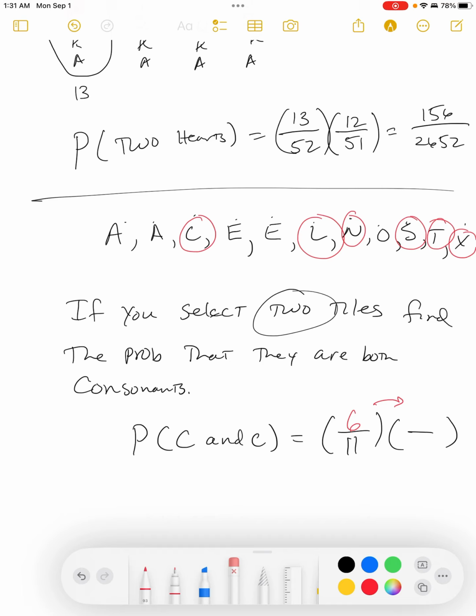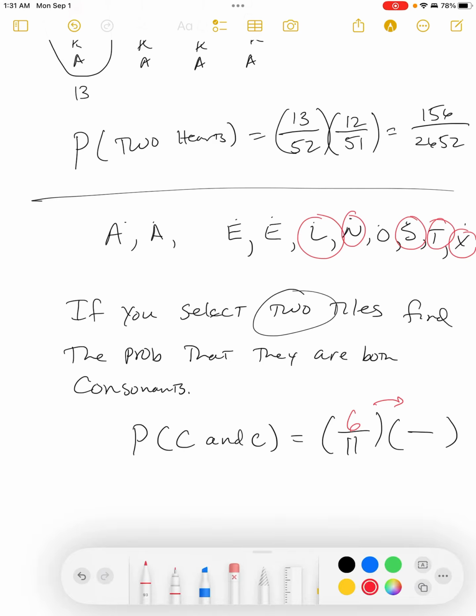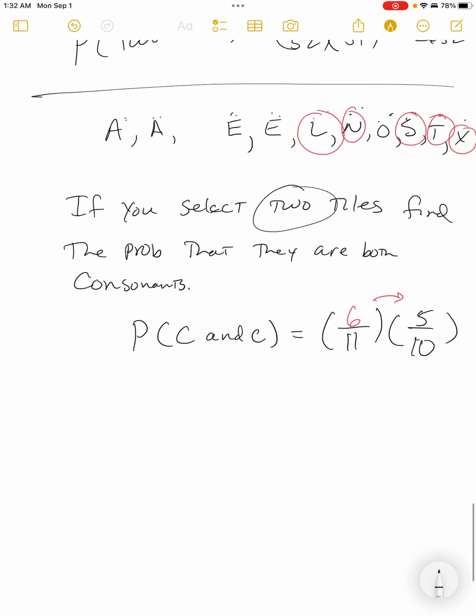And again, for purposes of visualization, let's just assume it was the C and I'll erase it. Now when we count to see how many tiles we have 1, 2, 3, 4, 5, 6, 7, 8, 9, 10. Not surprising, we lost 1, so we have 10. And we also lost a consonant, so it's 5 tenths in there. And so that's how we're going to do this type of problem.